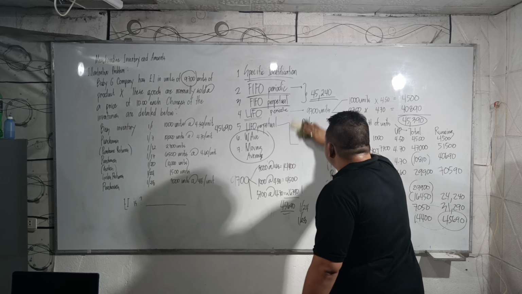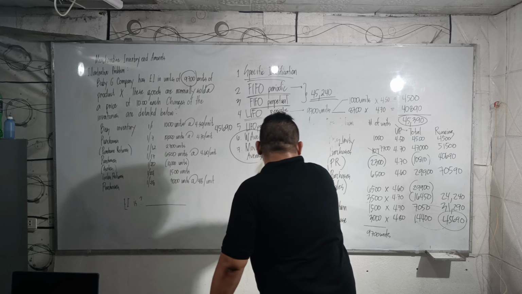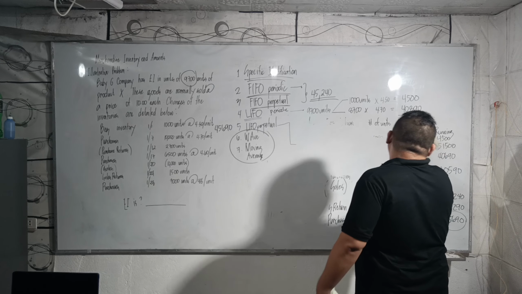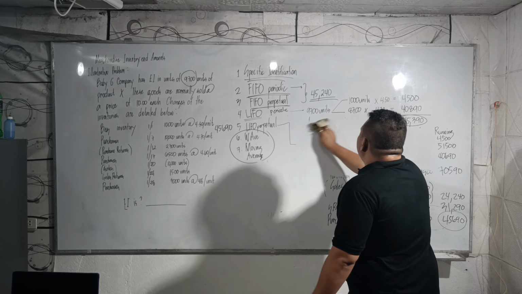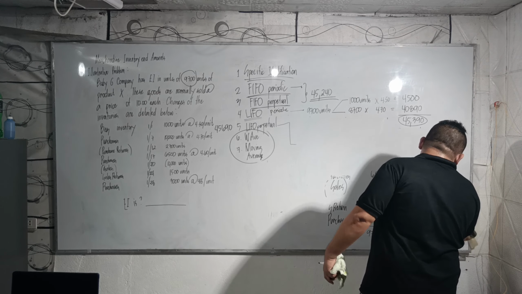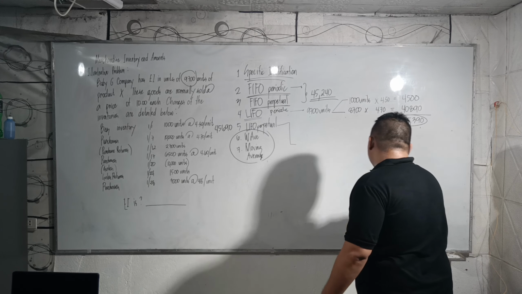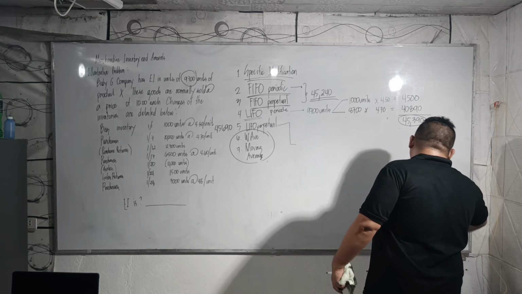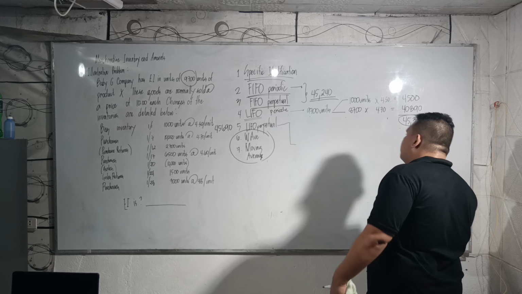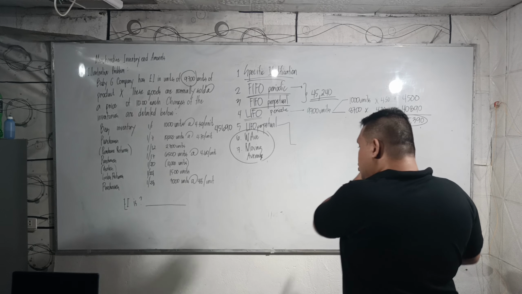For me, weighted average is the most simple because it's very logical. I mean, last in, first out, as well as first in, first out are also logical. But I like this weighted average because what you need to do is just compute for the net purchases. You're just computing for the cost of sales.